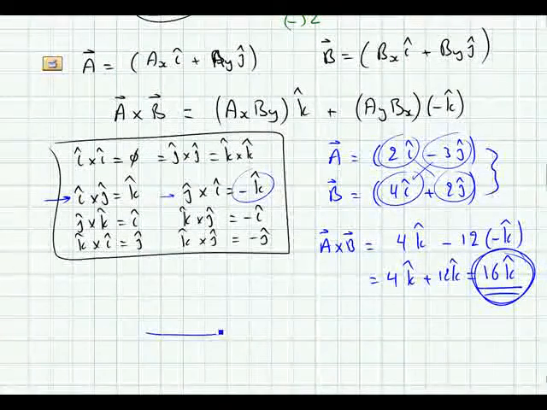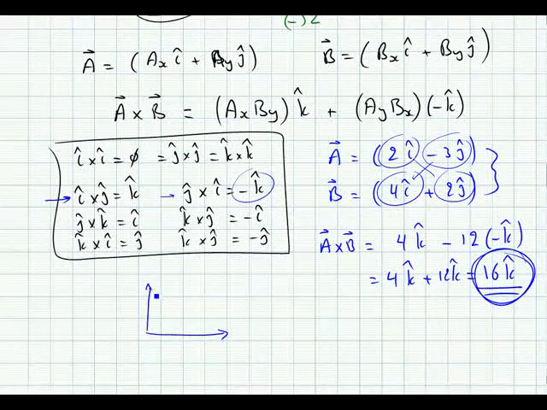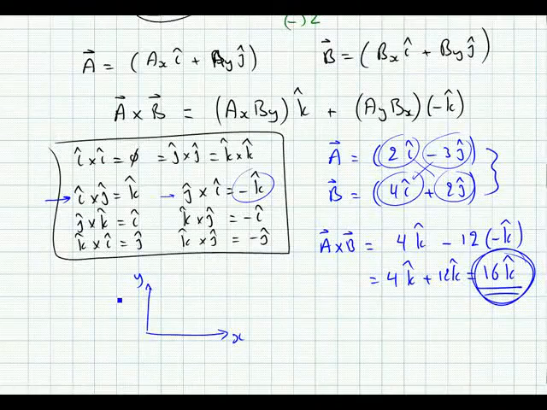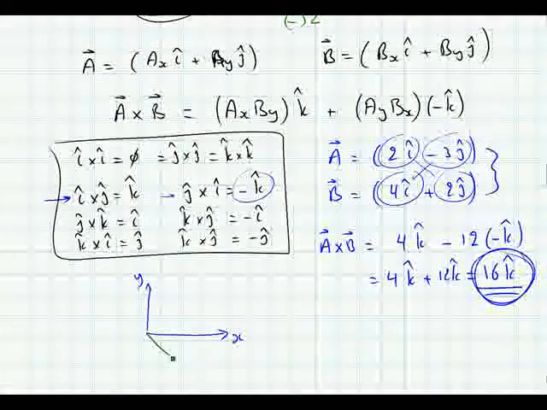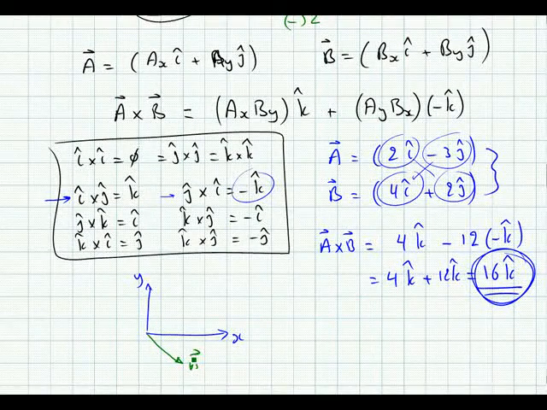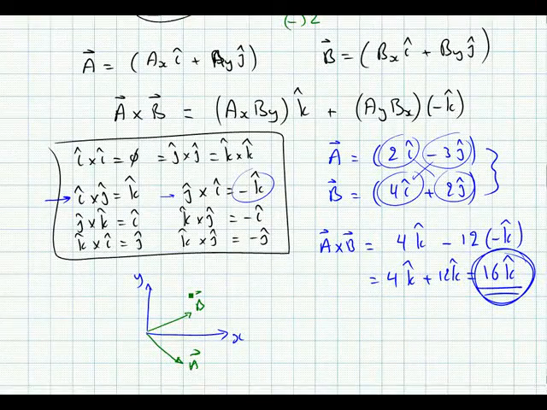Let me draw it the way we're used to, so x and y. So vector A is 2i minus 3j, so that's a vector which is like this. This is our vector A, and our vector B is 4i plus 2j, which is, let's say, something like this.